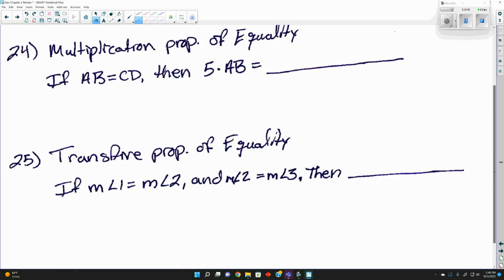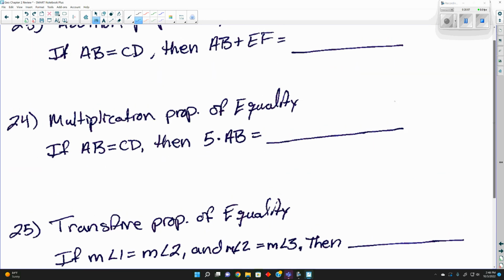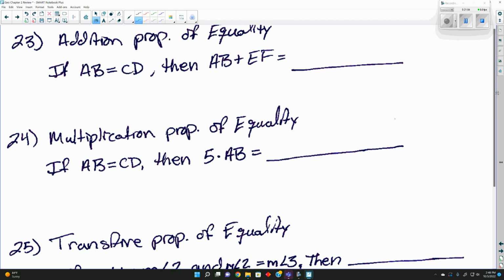Questions on 23, 24, or 25? Yes. 23 is our addition property of equality. If AB is equal to CD, well, addition property says I can add the same thing to both sides, yes? Then AB plus EF is equal to CD plus. I don't understand how that would be a substitution.